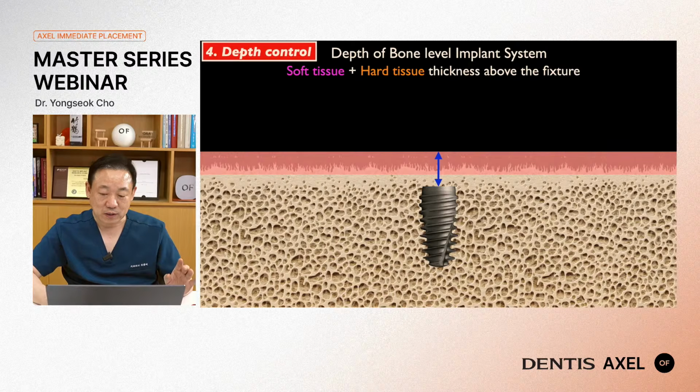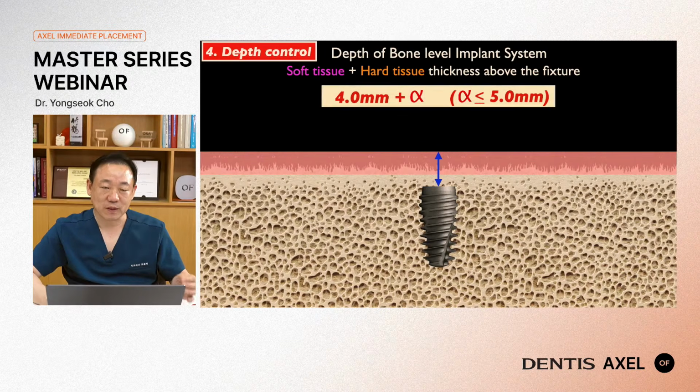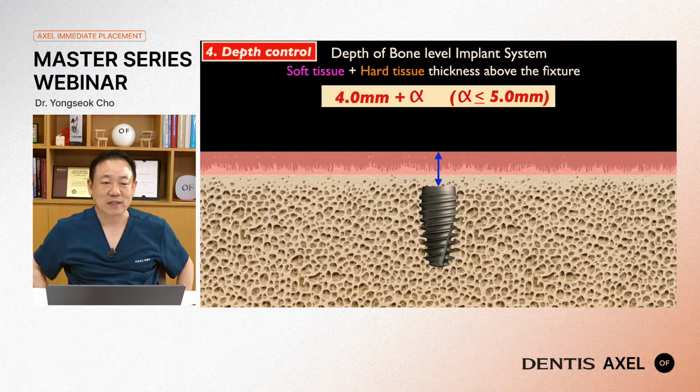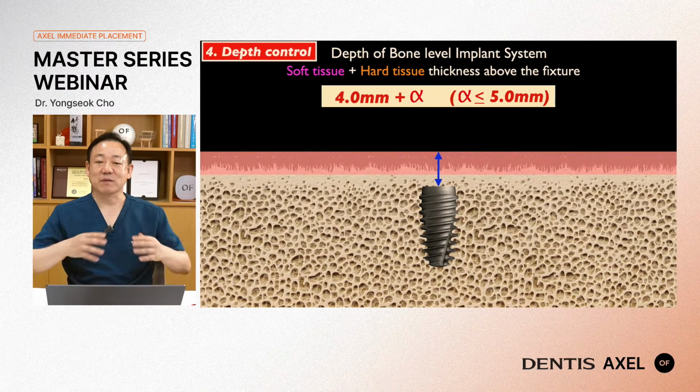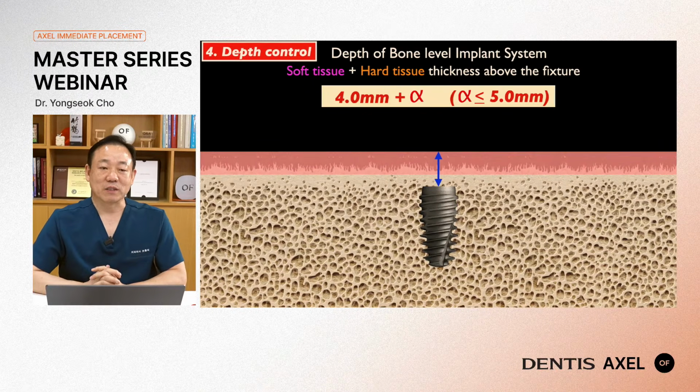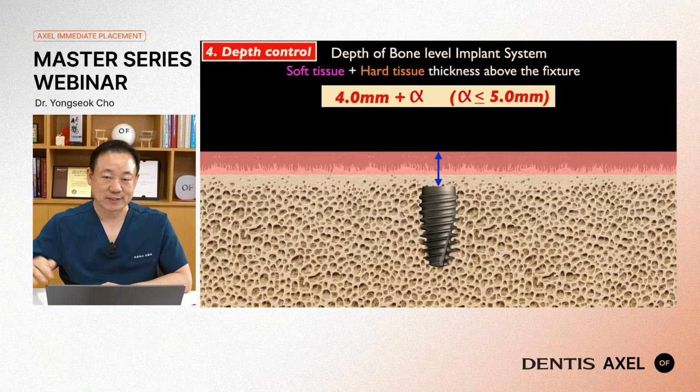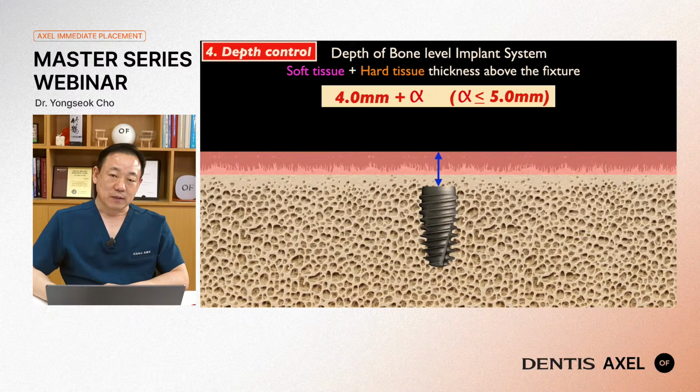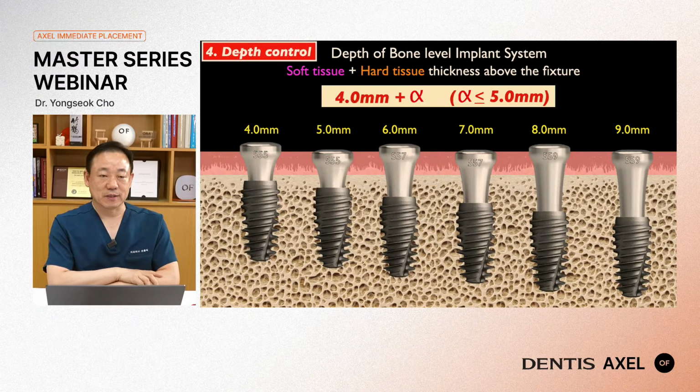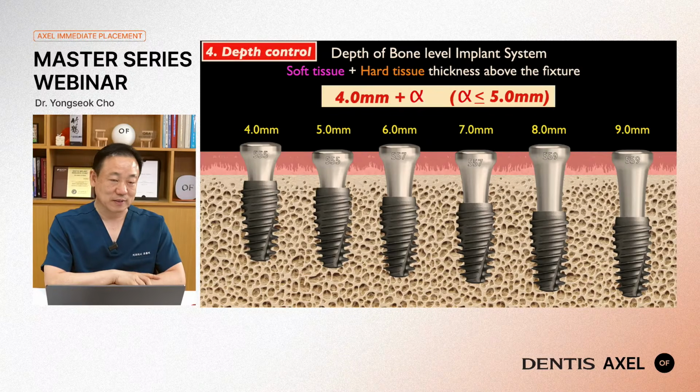It should be 4 mm plus alpha, and alpha is limited to 5 mm. Basically, I recommend you place the implant a minimum of 4 mm from the soft tissue surface. So these are possible implant depths in such a bone level rigid connected implant system.